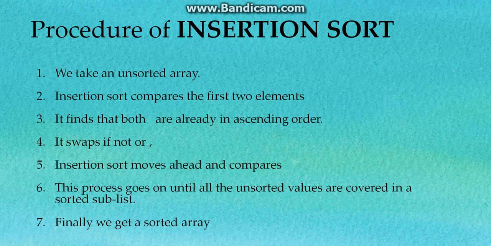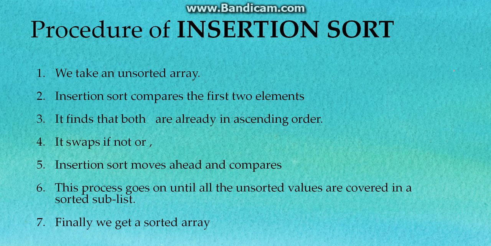If it is already in ascending order, the swapping does not happen, it moves ahead and compares. If it is not in ascending order, it will swap. The process goes on until we get the sorted array. This is what the steps describe.